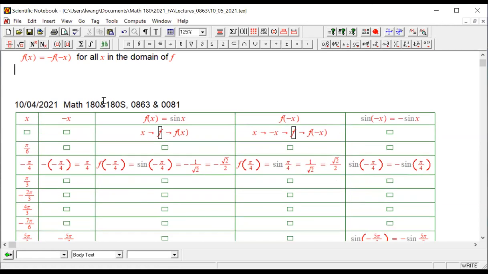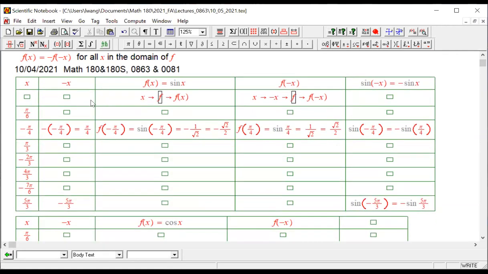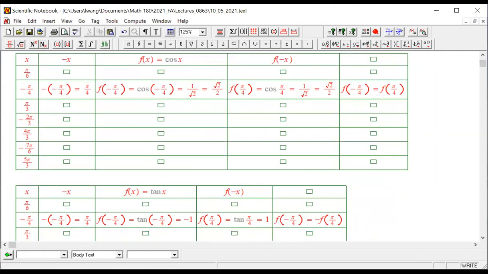Did you guys do cosine yesterday? What have you discovered? That it's an even function. That's right. So cosine of pi over 6 is equal to cosine of negative pi over 6.